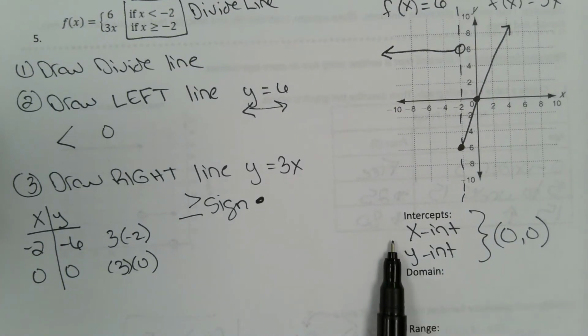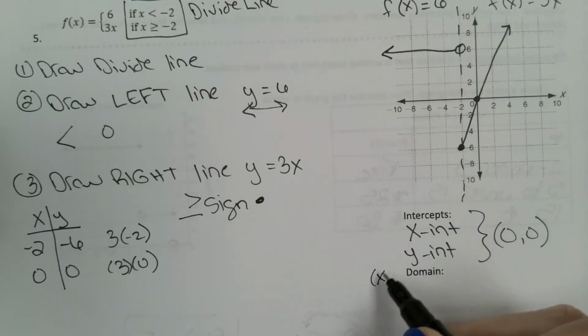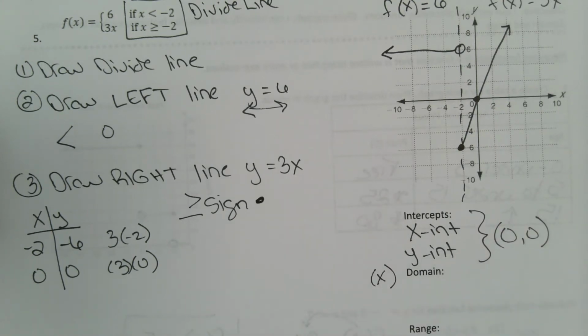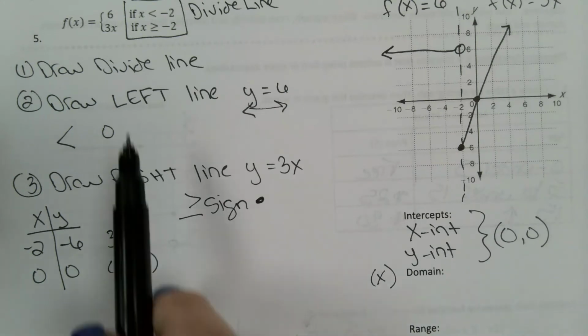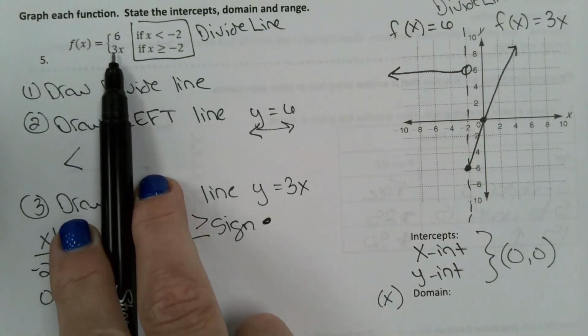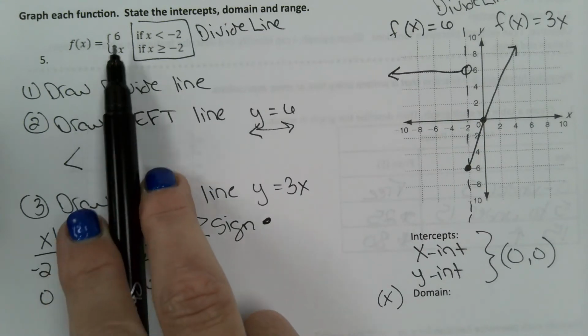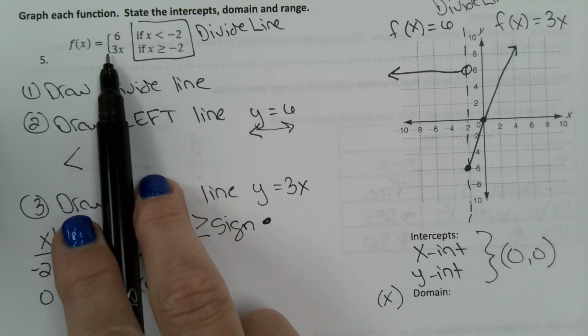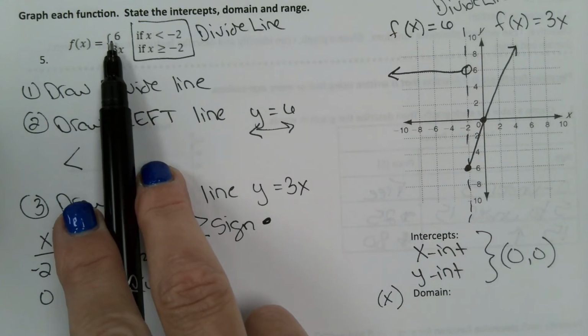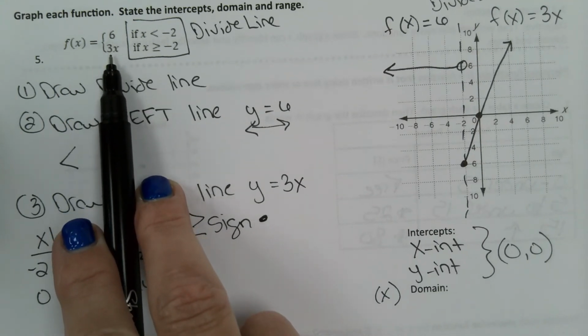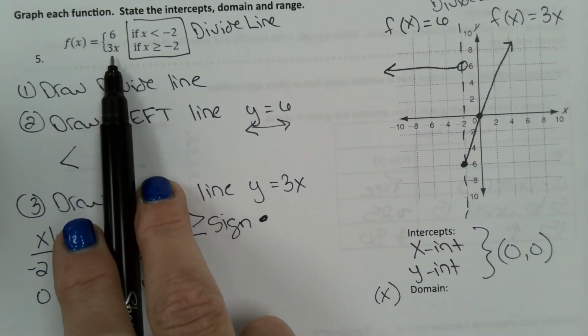You have to state the domain and the range of your function. You've got to remember the domain are your x values. What x values am I allowed to plug in to my functions? Well, you could plug in any value that you want basically because you don't have any fractions and you don't have any radicals.